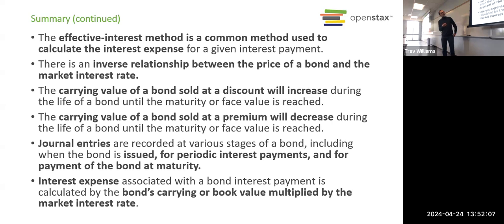I already talked about that. The carrying value of a bond sold at a discount increases till it gets to face value. The carrying value of a bond sold at a premium decreases till it gets to the face value. We learned how to journalize when the bond is issued, the interest payments, and when the bond matures.